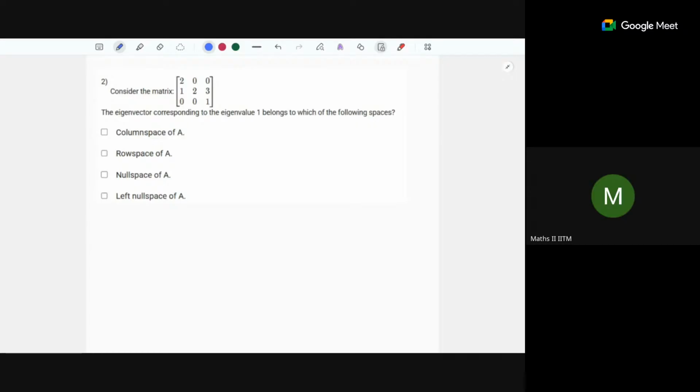The eigenvector belongs to which of the following spaces? Row space of A. Okay, that is correct. But there are two correct options. What is the second option that is correct?